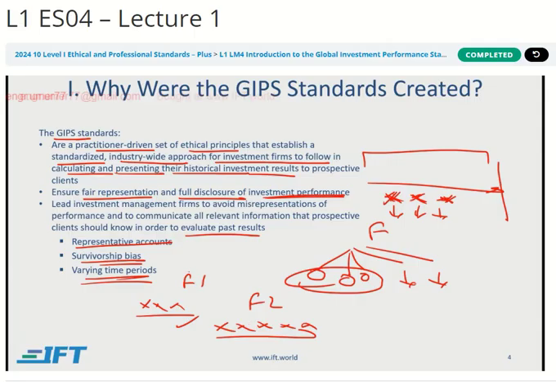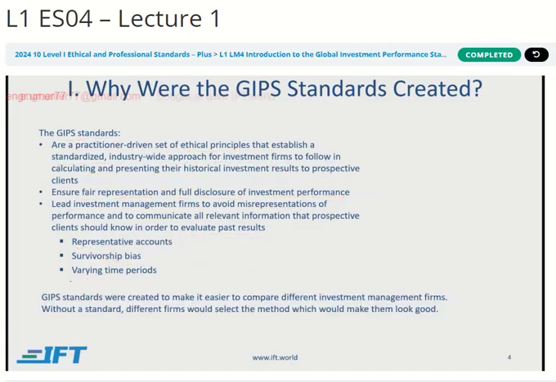Clearly, for a prospective investor who's evaluating firm 1 and firm 2, it's hard to compare these two numbers because one firm is presenting 3 years of data, whereas the other firm is presenting performance related to 5 years. So we can summarize now why the GIPS standards were created. These standards were created to make it easier to compare different investment management firms. Without a standard, different firms would select the method which would make them look good.